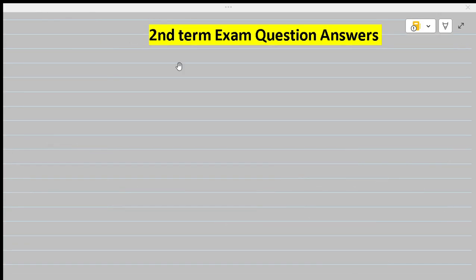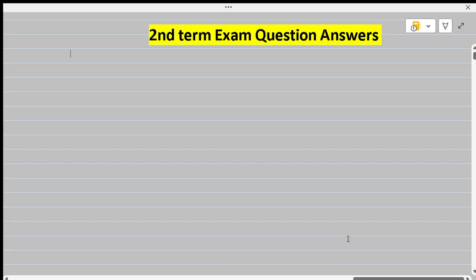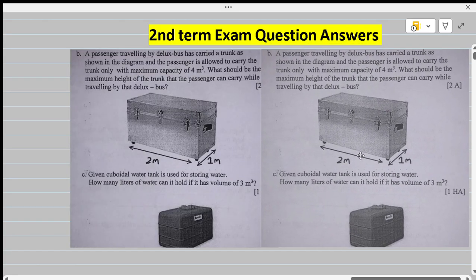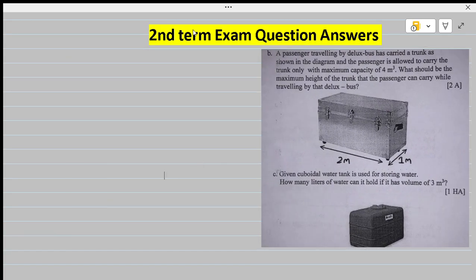Okay, so 9 number A I did. Now 9 number B and C. A passenger traveling by deluxe bus has carried a trunk as shown in the diagram.